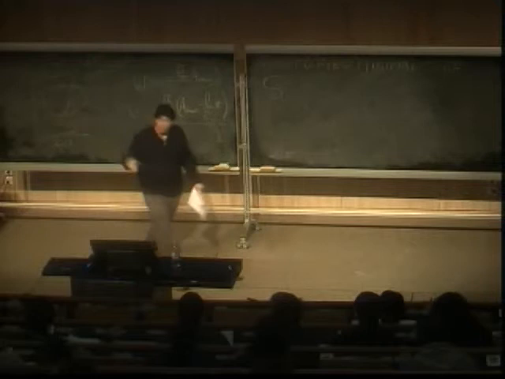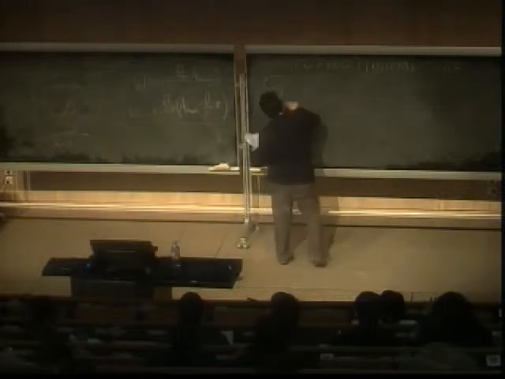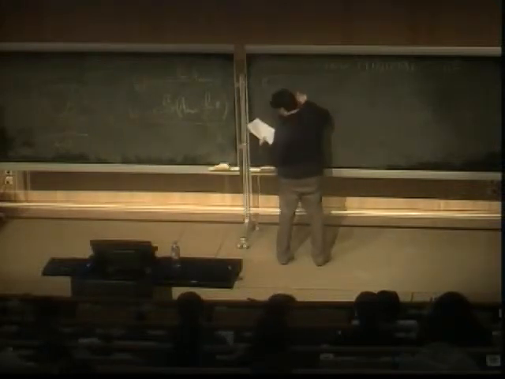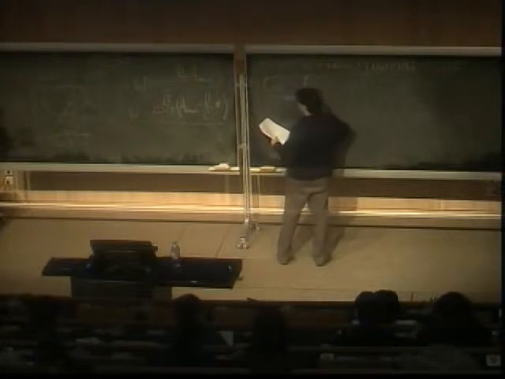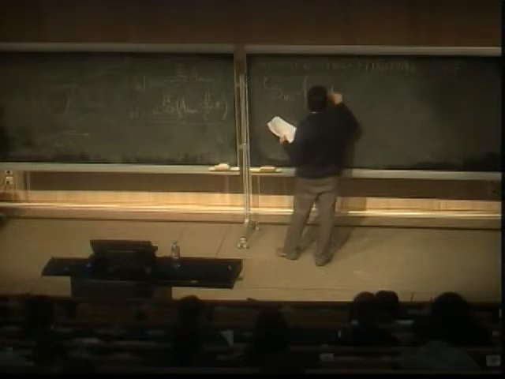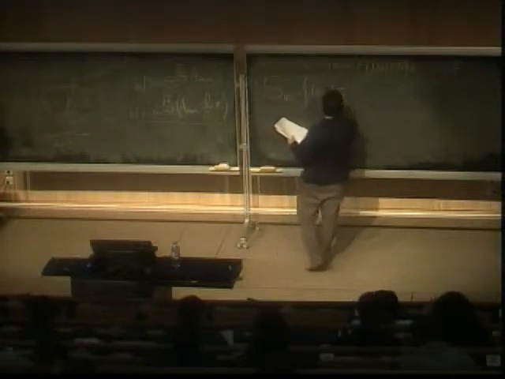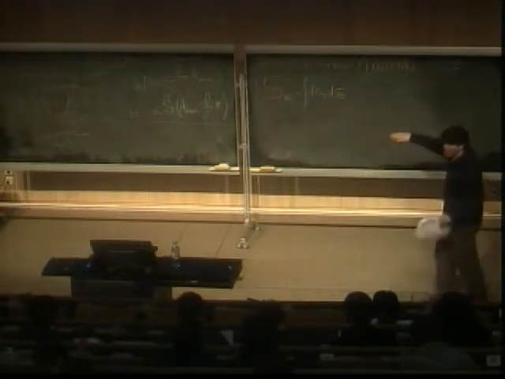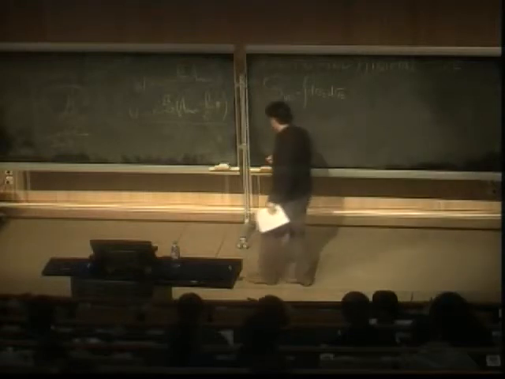That is called the Nambu-Goto action. And the Nambu-Goto action reads as follows, and I will explain precisely what I mean by everything in this formula. Here, sigma 1 and sigma 2 are coordinates on this surface.